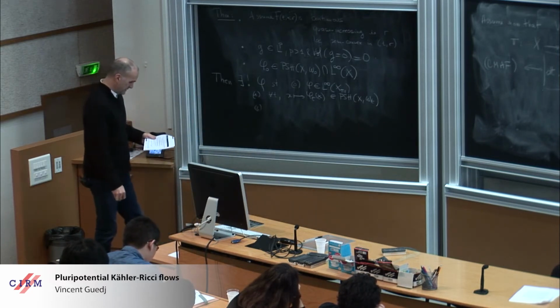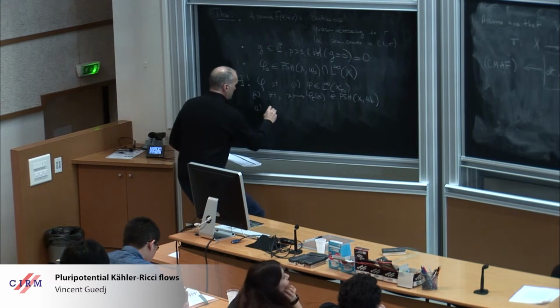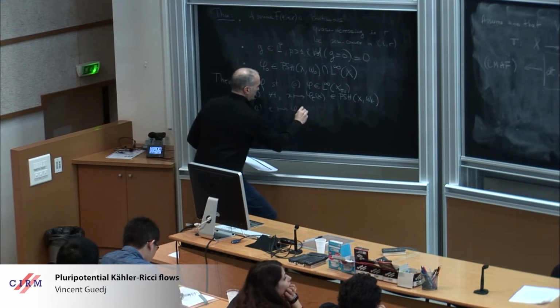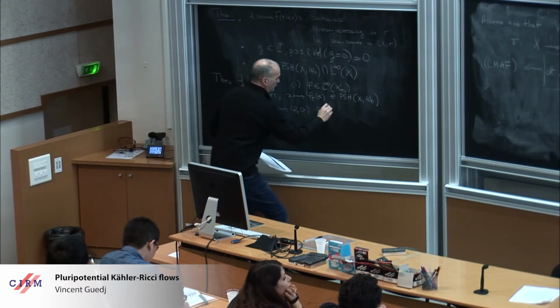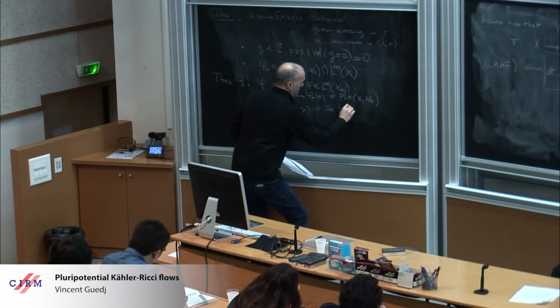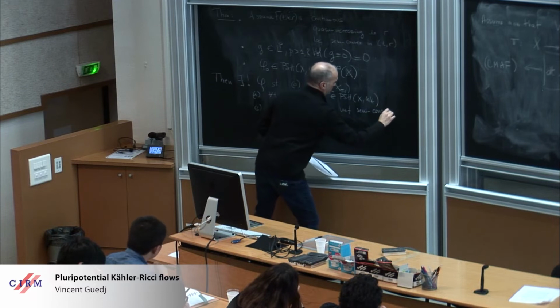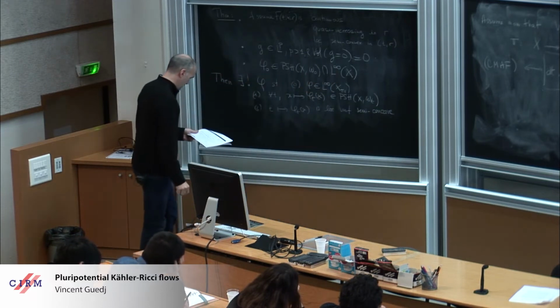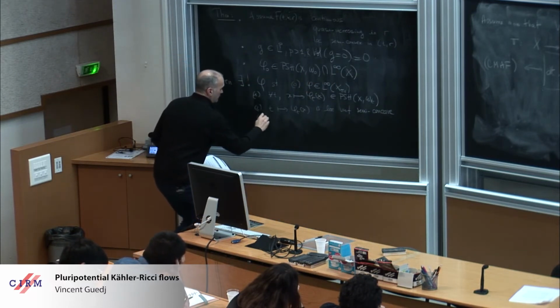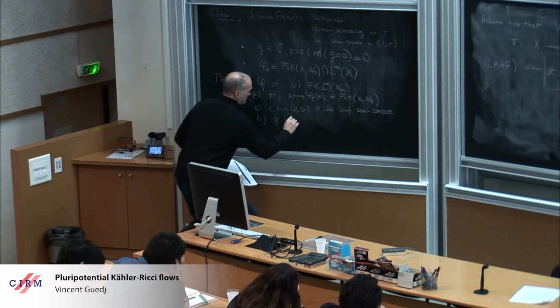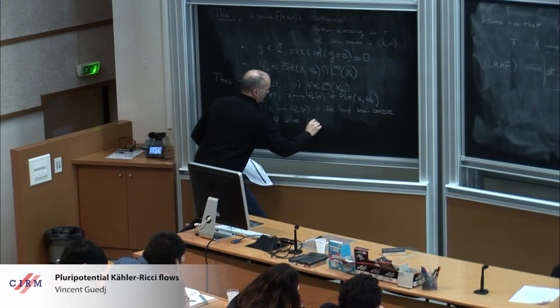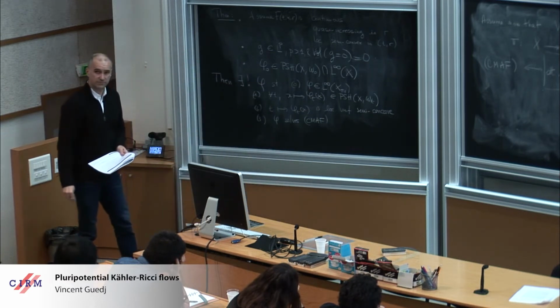Second property, t goes to phi_t of x is locally uniformly semi-concave. Phi solves the complex Monge-Ampère flow equation in the sense I just explained.